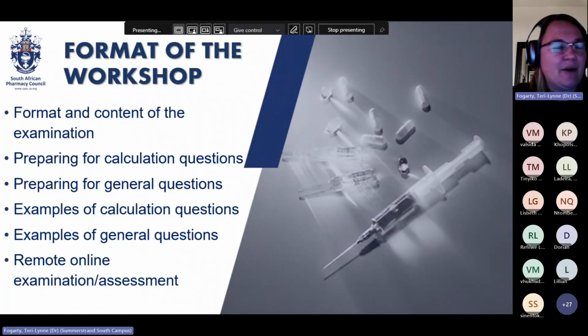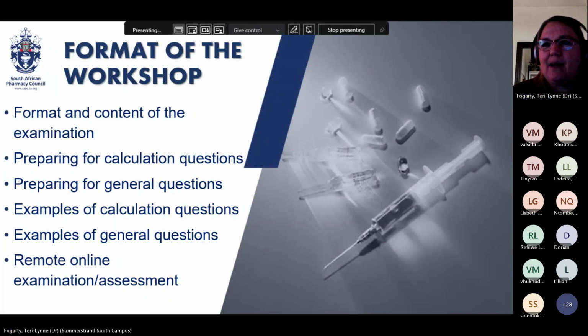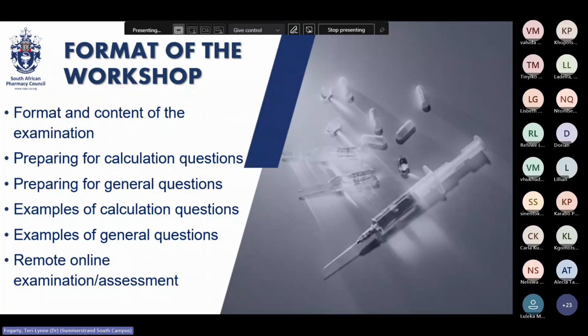We'll then look at preparation for the general questions and some examples of general questions. And then the office will take over and take you through the remote online exam. I'm now going to turn off my camera now that you've seen the face behind the voice. And we will now continue with the slides.